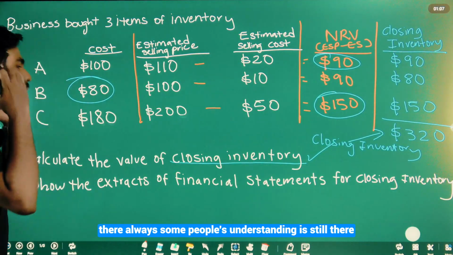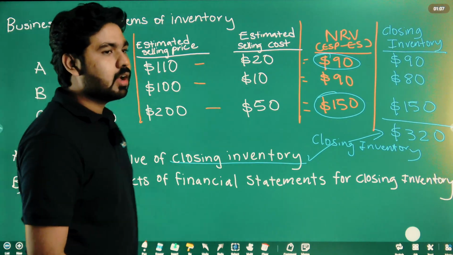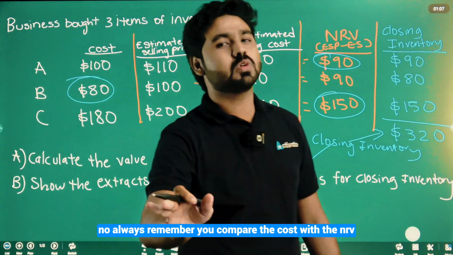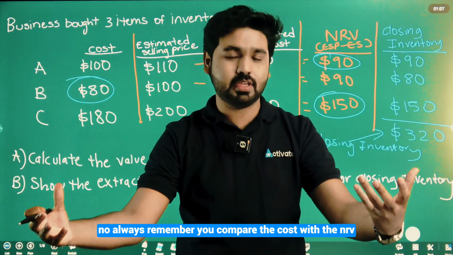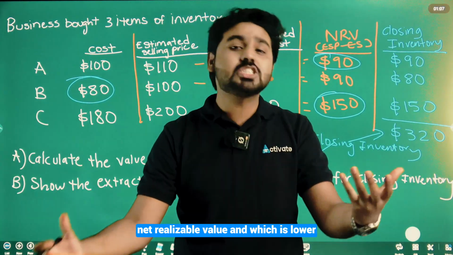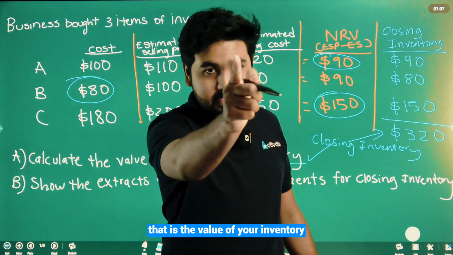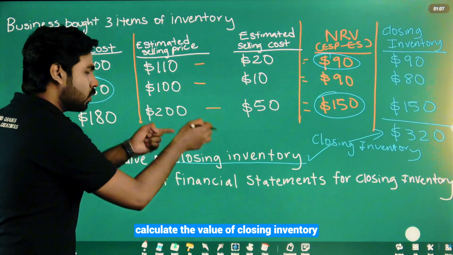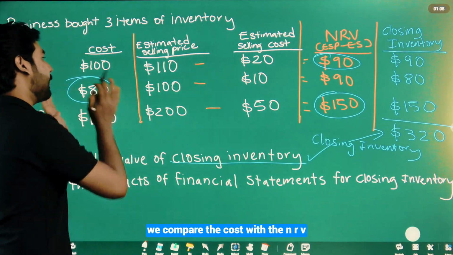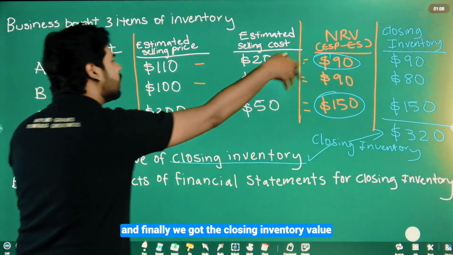Some people still think that NRV is always the value of inventory. No. Always remember, you compare the cost with the NRV, net realizable value, and whichever is lower, that is the value of your inventory. Now we are done with the first requirement. Calculate the value of closing inventory. We compare the cost with the NRV and finally we got the closing inventory value.